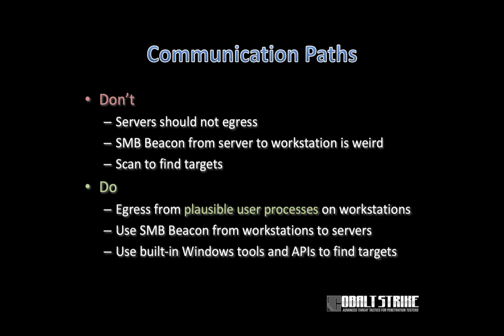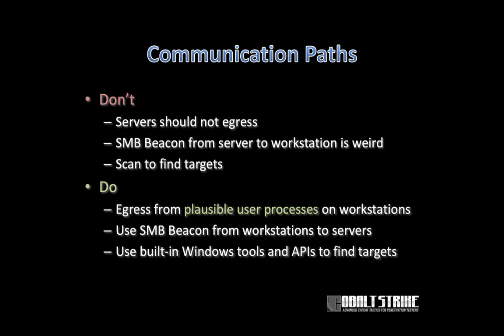Some things to do. I recommend that you egress from plausible user processes on workstations. It's no longer enough to think about egress as egressing from the right system. Now you have to do it from the right process context as well. Do use the SMB beacon to go from workstations to servers.